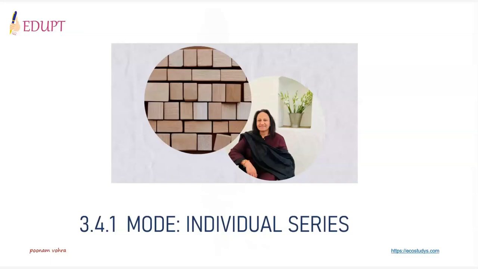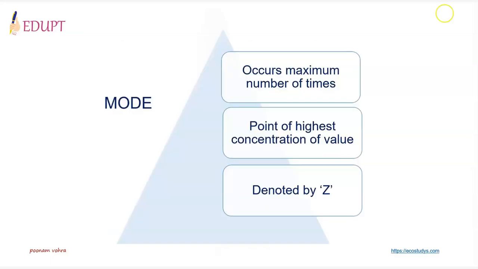So let us understand more about it. Mode is the most frequently observed data value. That is, mode is that value which occurs the maximum number of times. So it is the position of greatest density or a point of highest concentration of value.